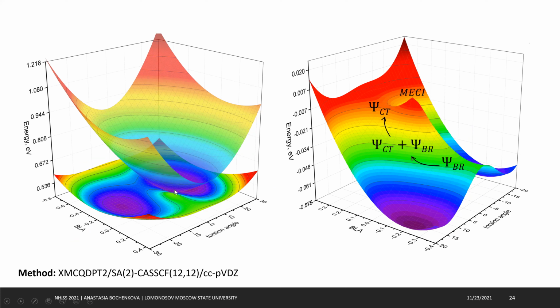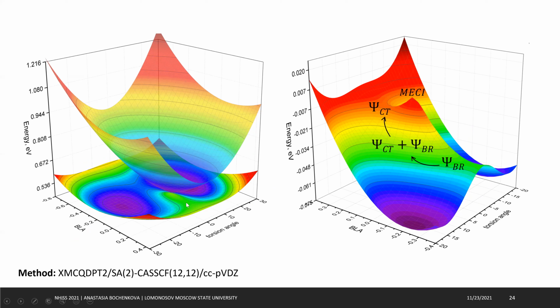First we locate our conical intersection, and then we perform an unrelaxed 2D scan in the branching plane of this conical intersection. And we find the starting point for our optimization of transition states in the ground state.